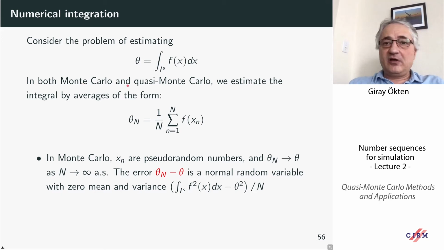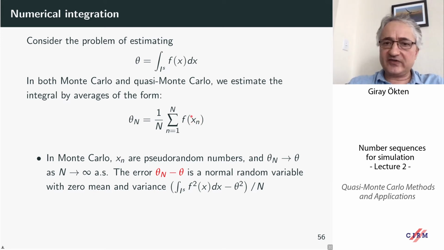In both Monte Carlo and quasi-Monte Carlo, we estimate this integral by computing the average of our function when it's evaluated at some vectors, some numbers xn.